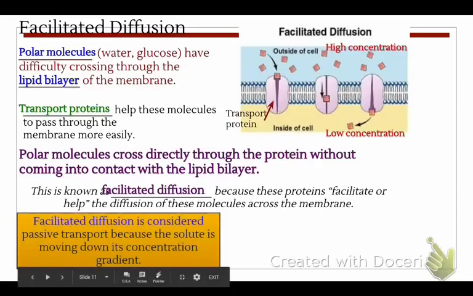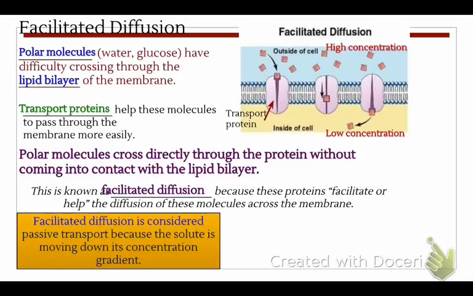So facilitated diffusion is considered passive transport because the solute is still moving down its concentration gradient. That is a very important thing to know for the test, okay? Star it, draw a cat next to it, circle it, highlight it, make it pretty.